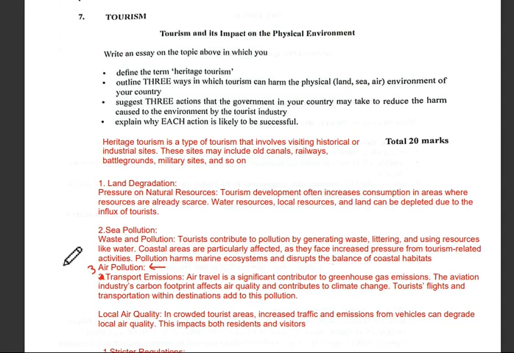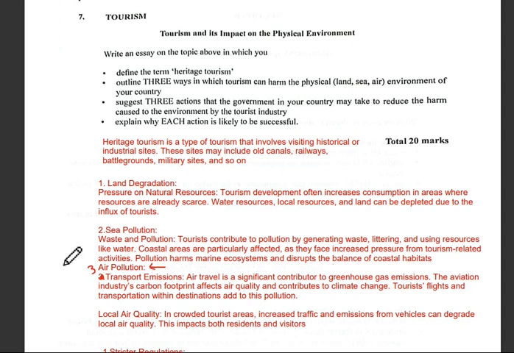Air pollution has to do with transport emissions. Air travel is a significant contributor to greenhouse gas emissions. The aviation industry has a carbon footprint that affects the air quality and contributes to climate change.